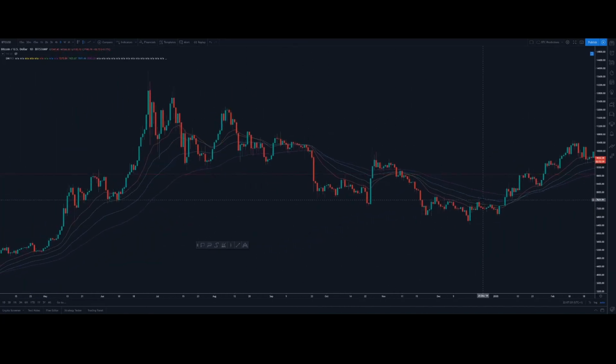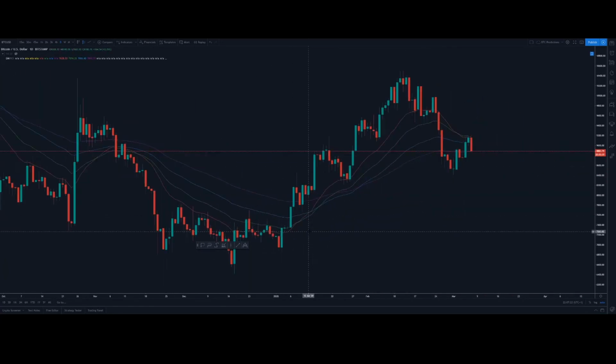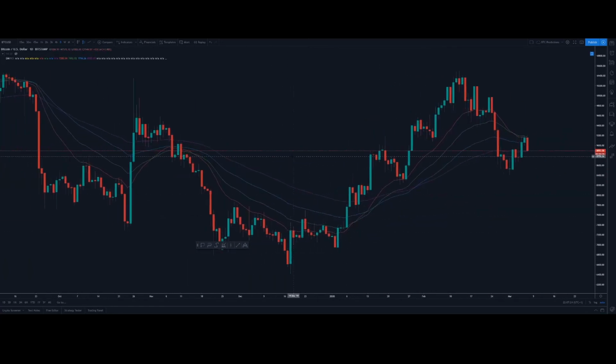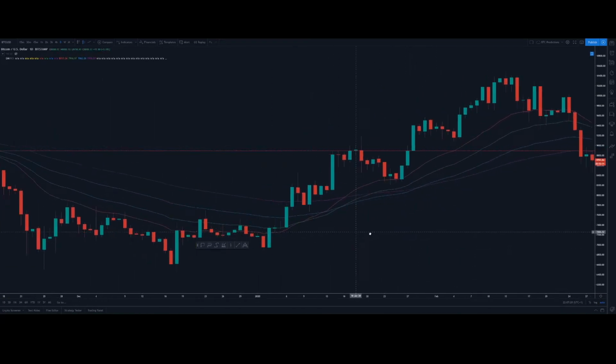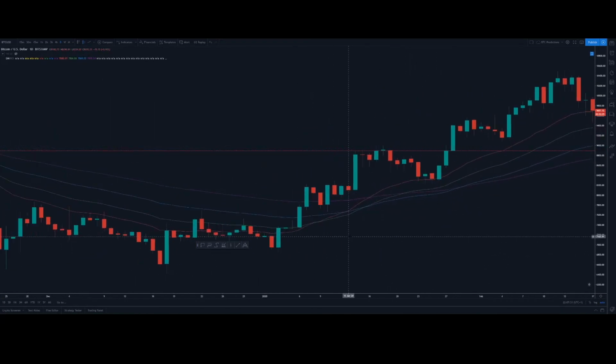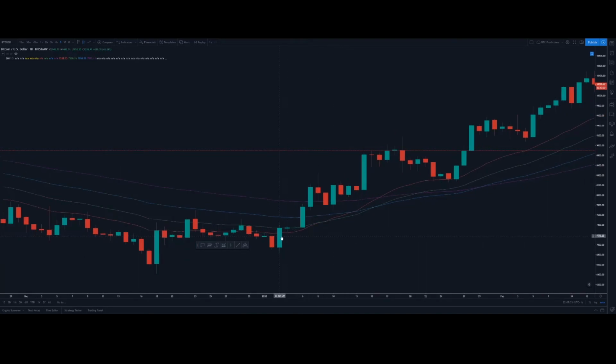There's another way. You can also search for death crosses or golden crosses, and here you actually have a perfect example of a golden cross. You can see the daily EMA 21 and 34 going up, having a bullish trend, and then crossing over each other.